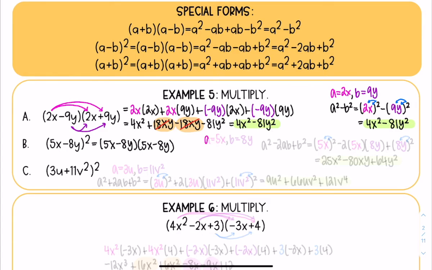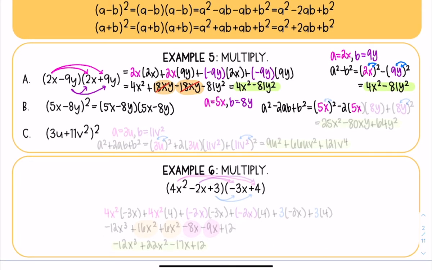So my a in this case is 5x, and my b is 8y. What we're supposed to get is a squared minus 2ab plus b squared. And so plugging in, we end up with 5x squared minus 2 times 5x times 8y and then plus 8y squared.